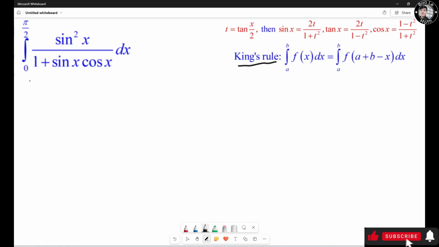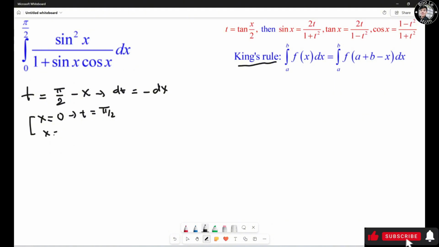So we're going to let t equals pi over 2 minus s. Then dt equals negative ds. Now when s equals 0, t equals pi over 2, and when s equals pi over 2, t equals 0.